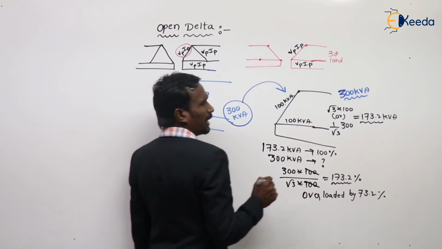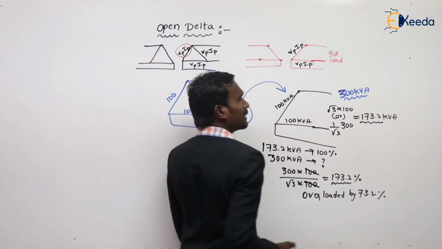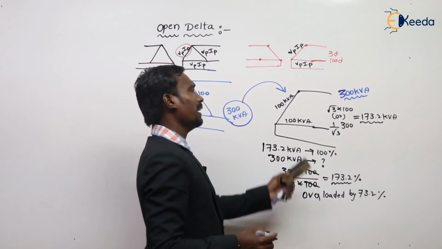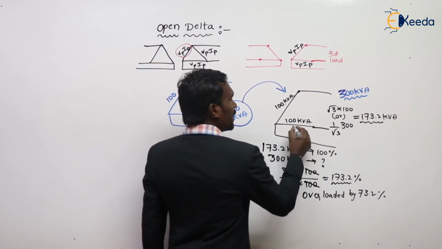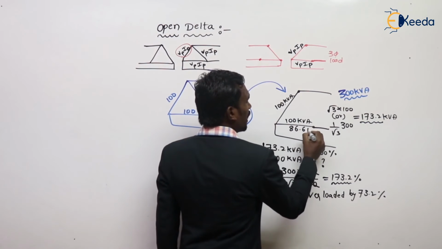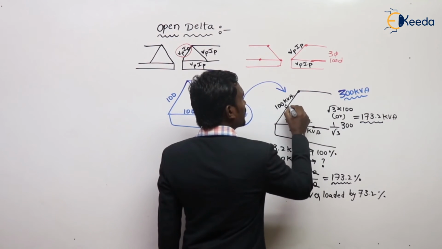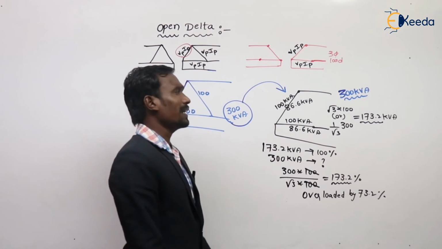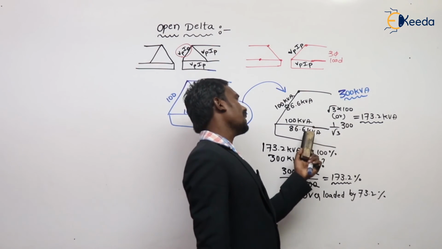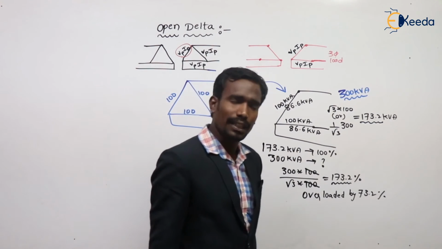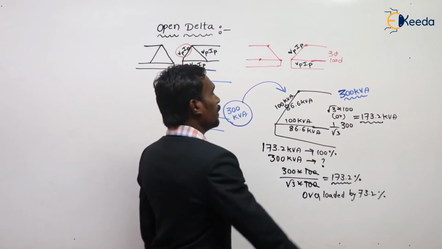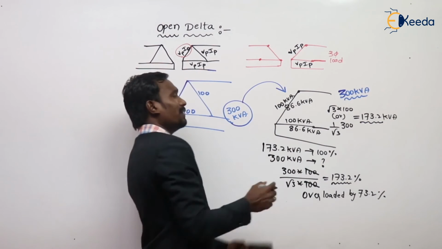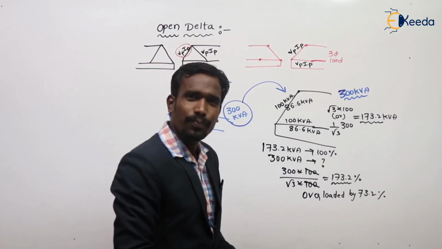Sir, actually, if 173.2 kVA is applied to an open delta, then each transformer shares the load of 86.6 kVA. For example, I applied 300 kVA load on this open delta.